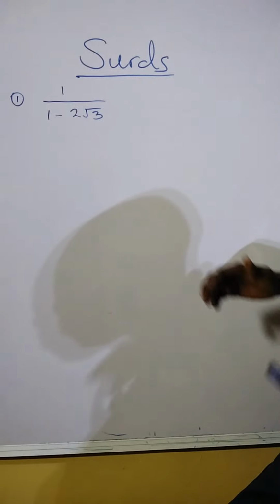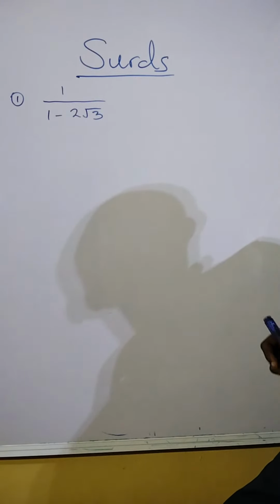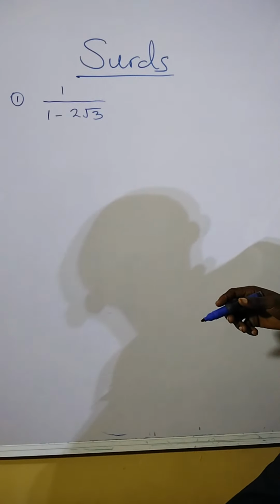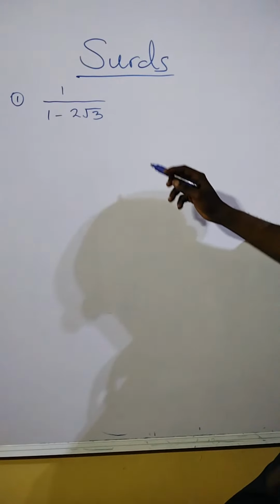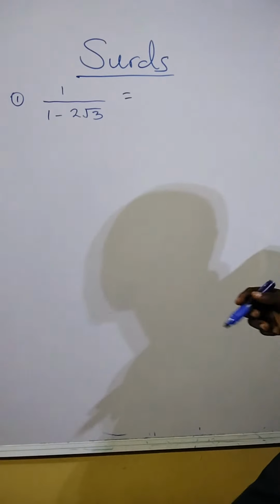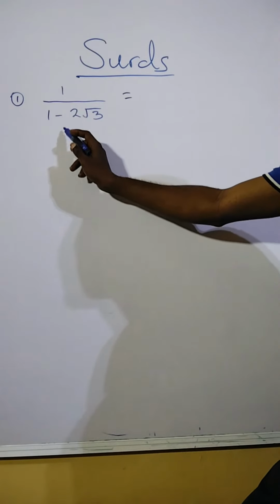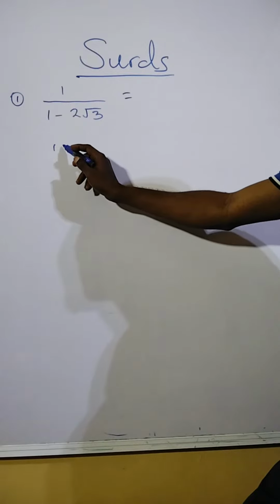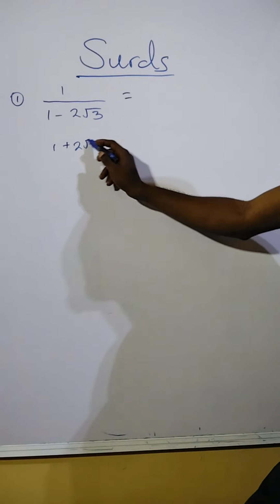To solve this problem on surds, we need to rationalize this surd. That is, we multiply the numerator and denominator by the conjugate of the denominator. The conjugate surd of the denominator, we have 1 plus 2 root 3.